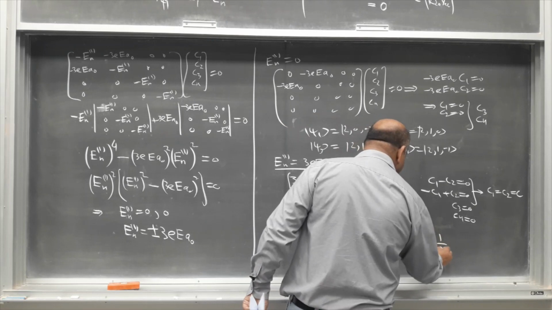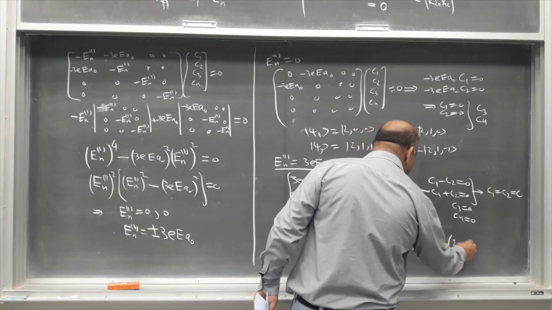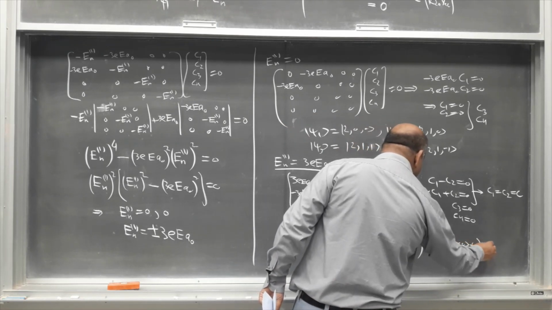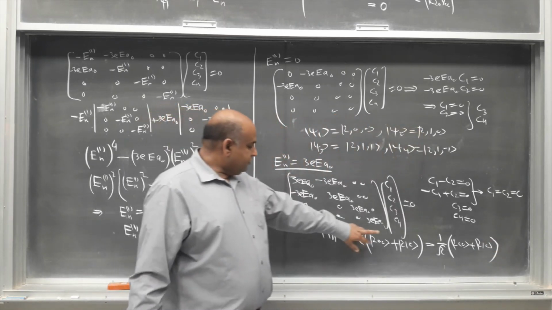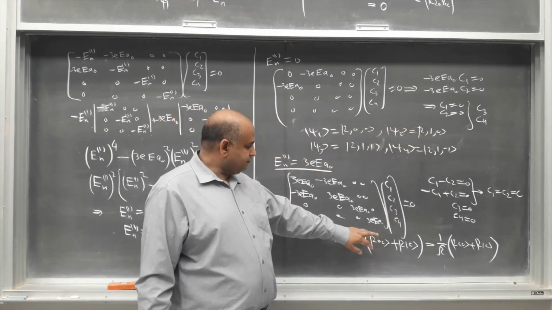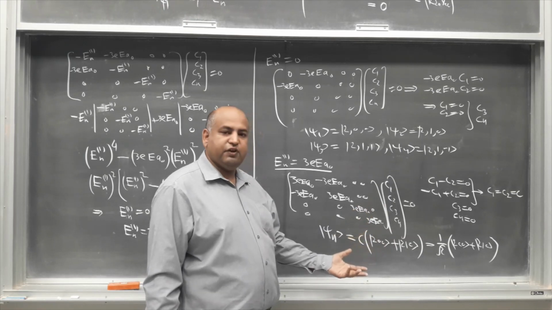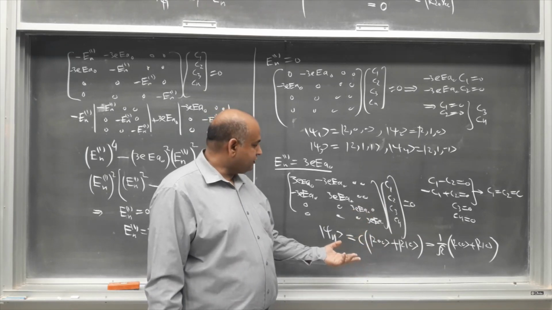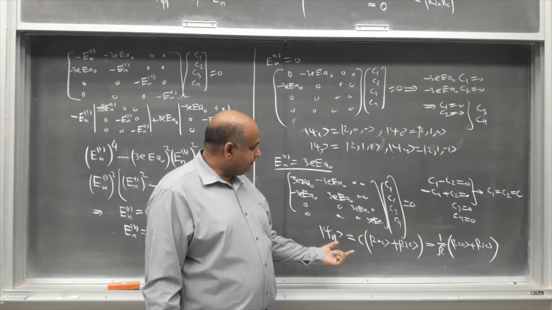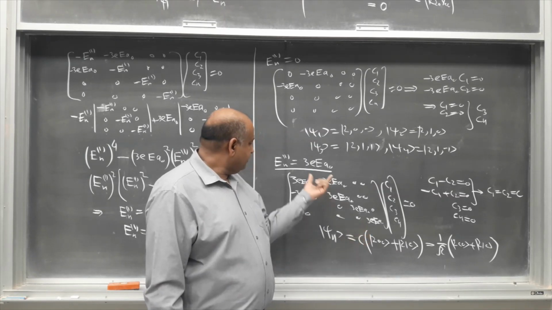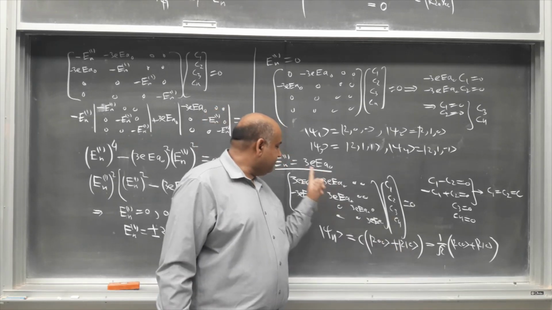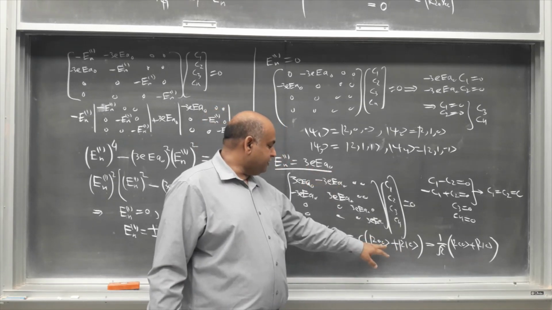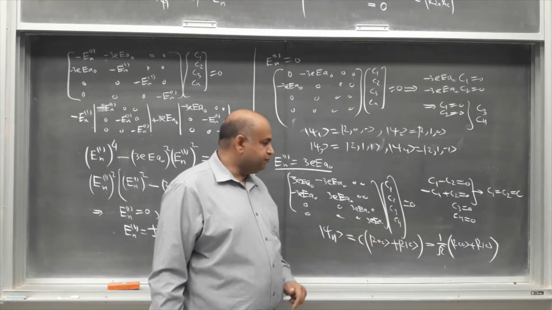So you get 1 over root 2 times (2 0 0 plus 2 1 0). So these two states mix to give rise to another state when you switch on the external electric field, and the energy of this state is higher than the energy of both of these states by an amount 3e a naught, because the new state is the mixture of these two.